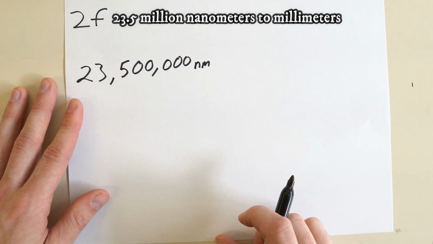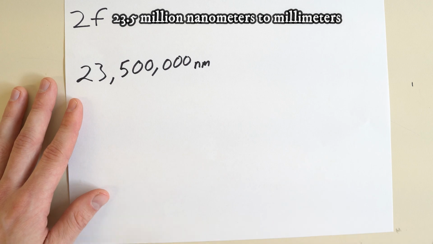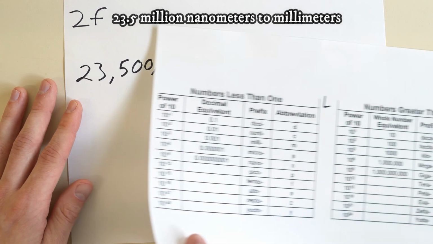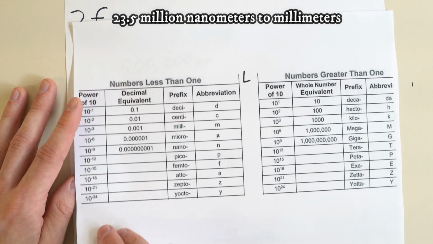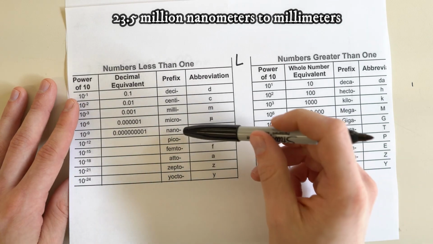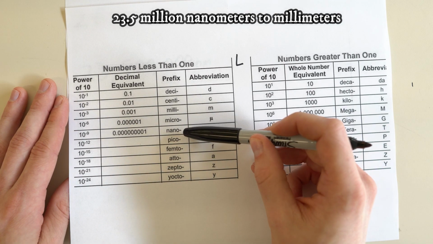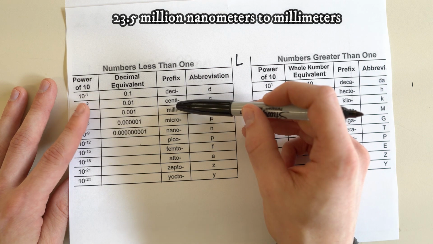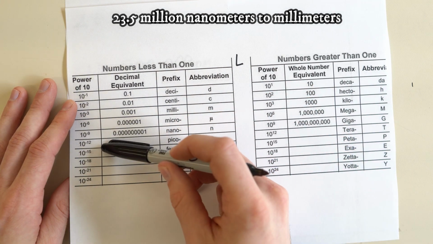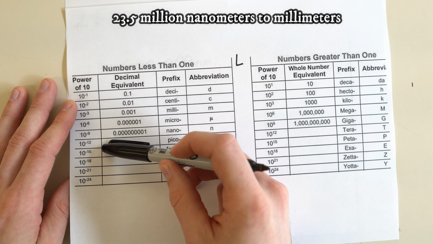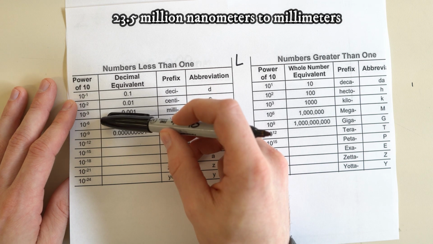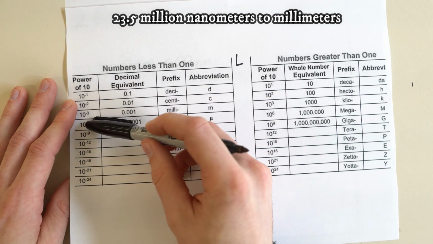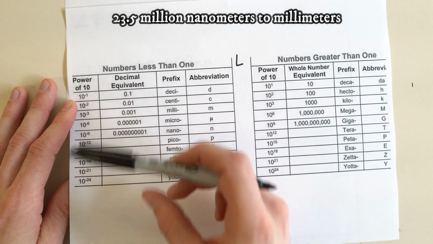Okay. So if we're looking at our chart here, we have to find nanometers, and here is millimeters. So we're going from 10 to the -9 to 10 to the -6, or -3, I apologize. So from -9 to -3.